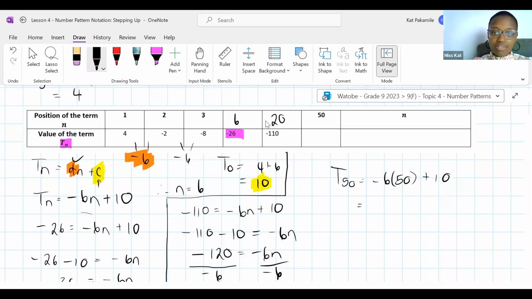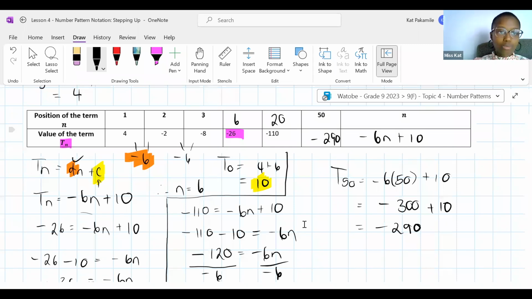Negative 6 times 50 is negative 300 plus 10, which is negative 290. Okay, and our general term is just negative 6n plus 10. I'm hoping I didn't lose anyone along the way. If I did, raise your hand now and just ask.